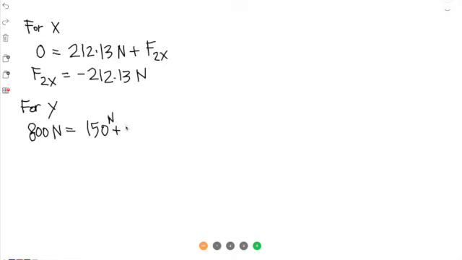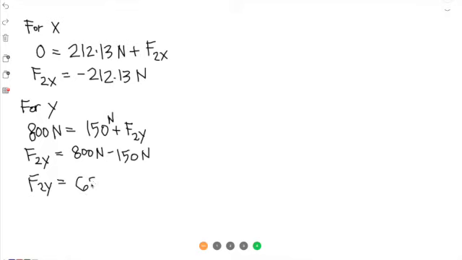Solving, F2y would just be equal to 800 newtons minus 150 newtons, that would be 650. So F2y is equal to positive 650 newtons.